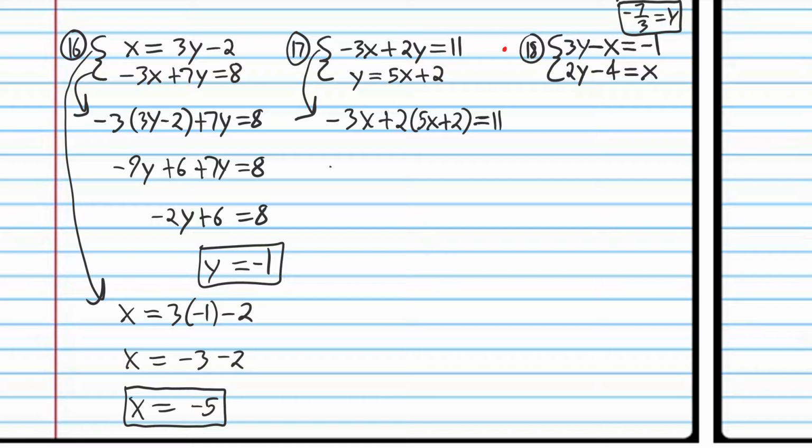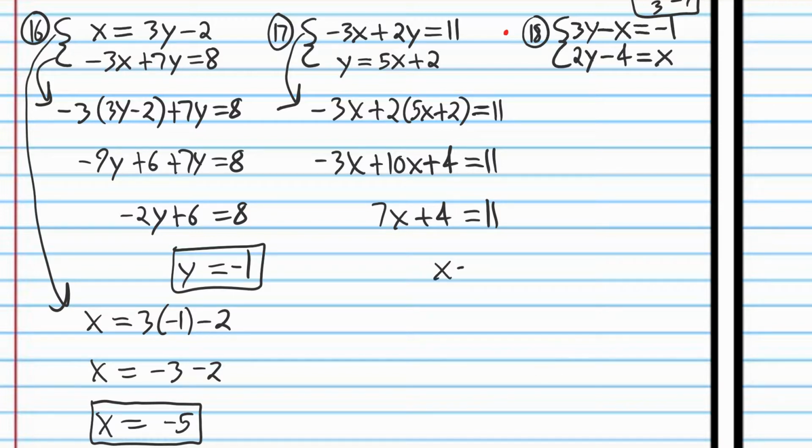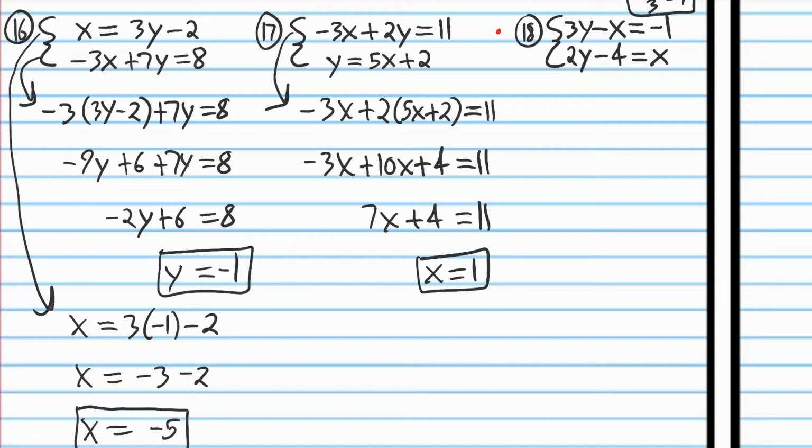And now we're going to use distribution to get rid of those parentheses. 2 times 5x is 10x, and 2 times 2 is 4. And we're going to simplify. And then we're going to subtract 4 from both sides and divide by 7, and you get x is equal to 1. So if you got 1, good job.